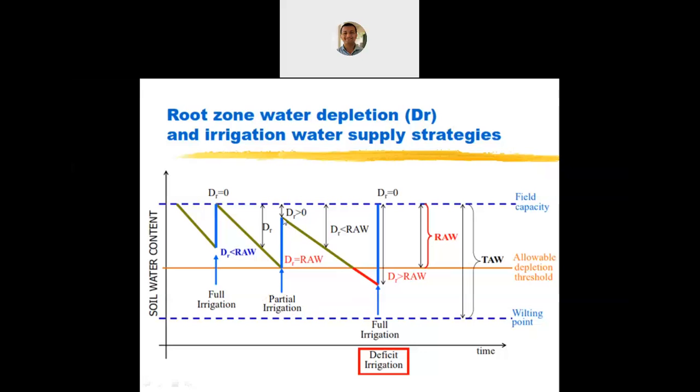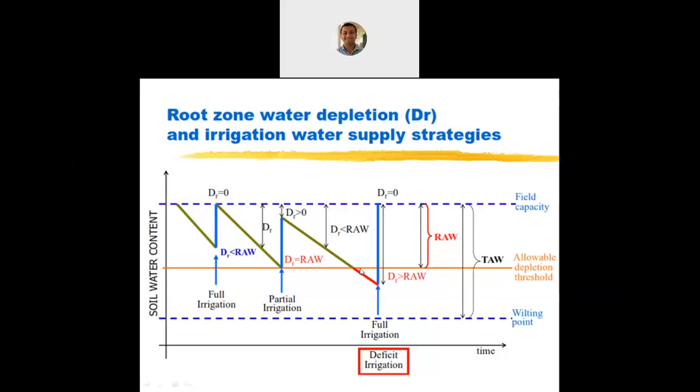Another strategy could be we allow the soil moisture to decrease beyond the allowable depletion threshold, and then after reaching a certain point we again apply full irrigation to bring the soil back to field capacity. Here we are allowing the depletion of root zone water to be more than readily available water.